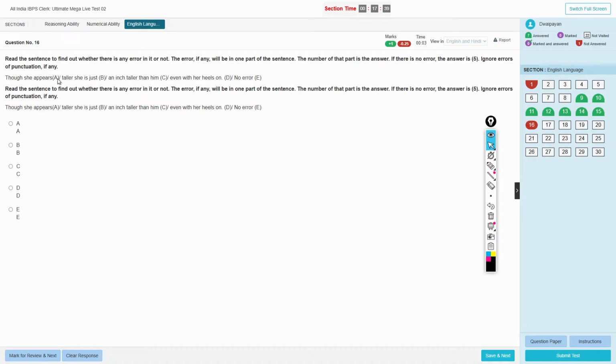Though she appeared taller, she is just an inch taller than him, even with her heels on. Even though she appears taller, she is just an inch taller than him. He's just an inch taller than he is.